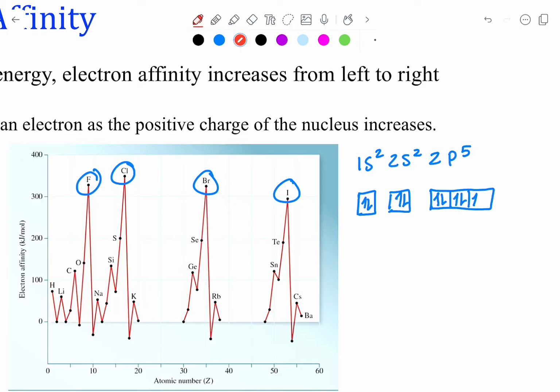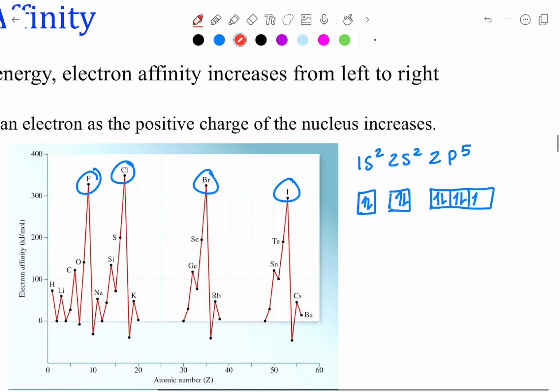They have 7 valence electrons and they want to get to 8. So they only need 1 electron to get to a full shell in the p orbital. So it's a lot easier to say, okay, I'm going to take on an electron and add it there. So they really want that extra electron to get a whole-filled shell.